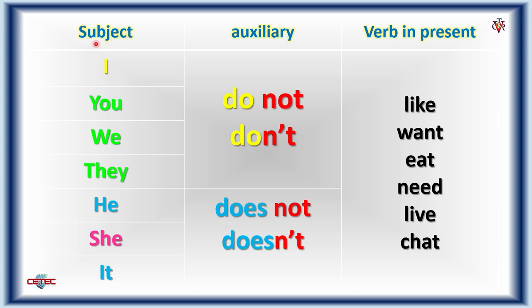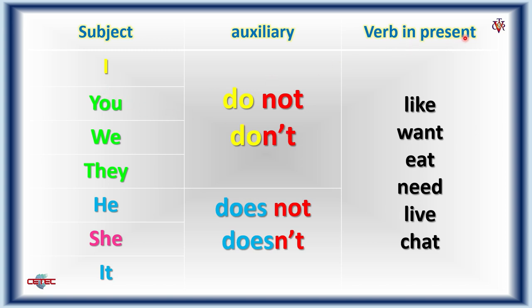We have to use subject plus an auxiliary and a verb in present. The subjects: I, you, we, they, he, she, it. The auxiliary now for this occasion is I do not or I don't.